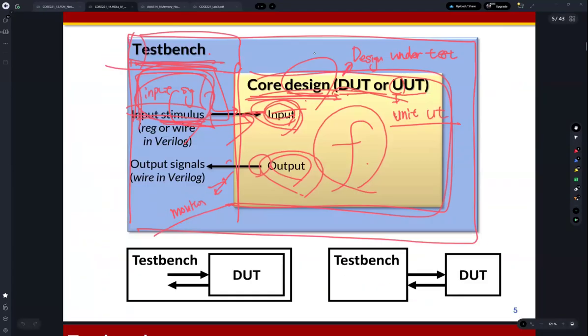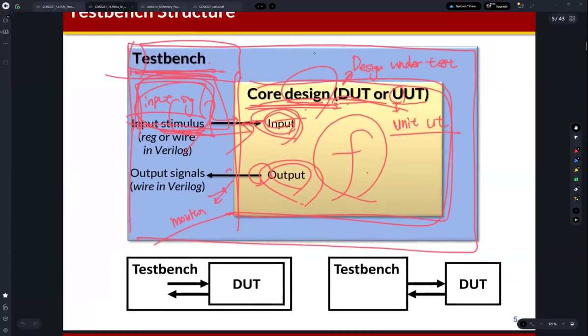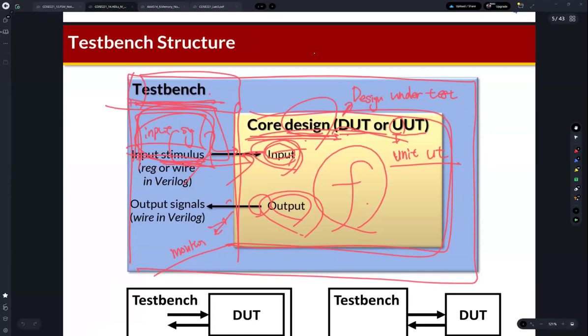So we learned how to design the test bench module, right? A test bench module usually includes the design under test. The design under test is our design module, and the test bench generates the input signals. These generated input signals are called input stimulus.